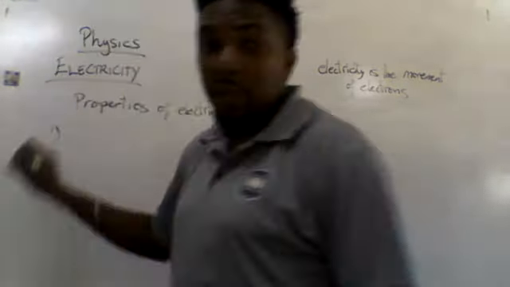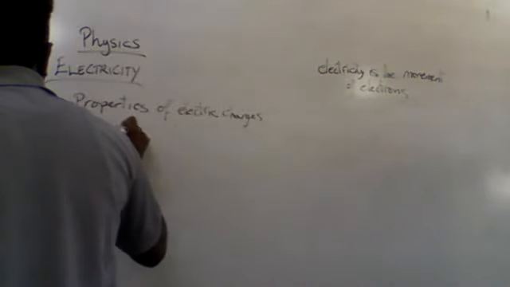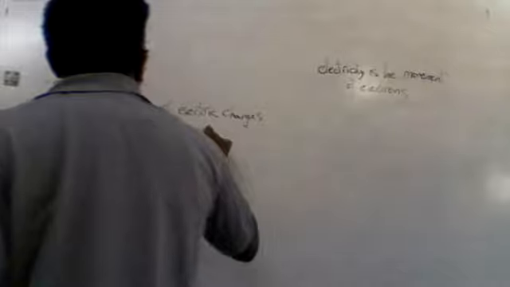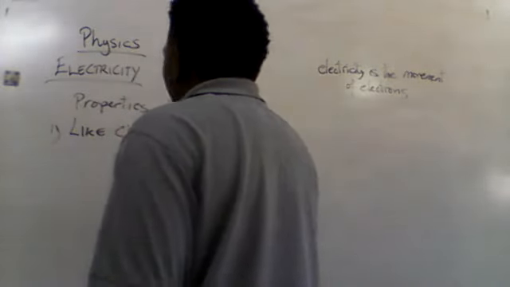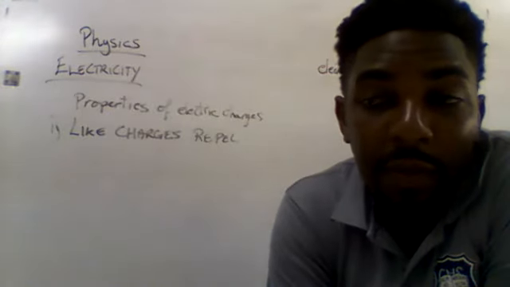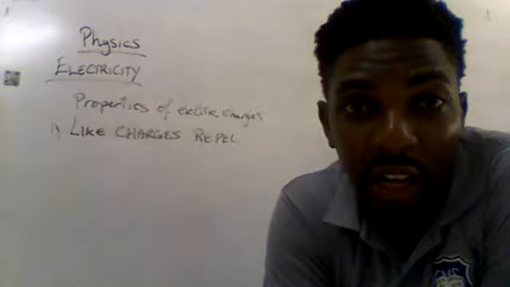One, first property of electric charge is that like charges repel. Like charges repel each other. What does that mean? It means that a positive charge is going to push away a positive charge.